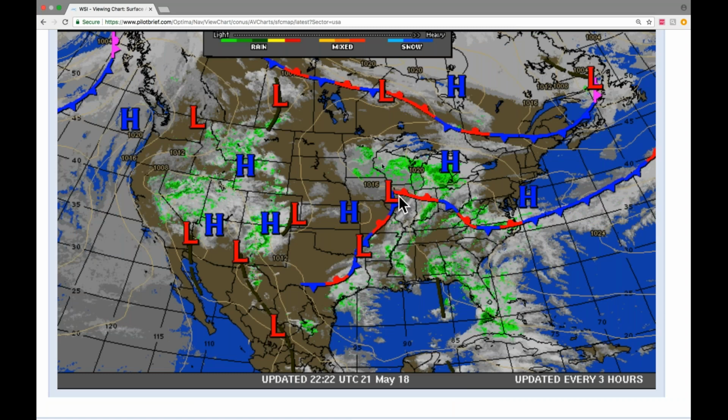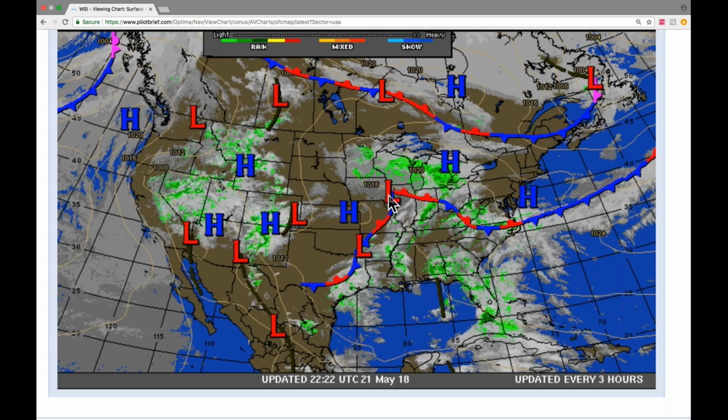You can see this exact thing starting to happen here. You have this stationary front. Most likely we're going to see an occluded front occur or start to form over Michigan here.